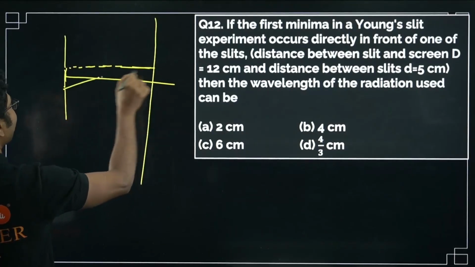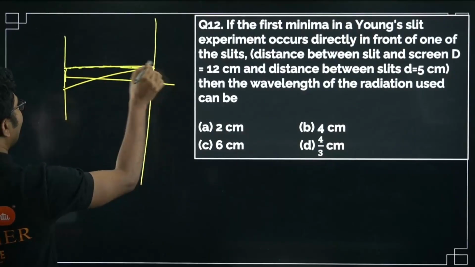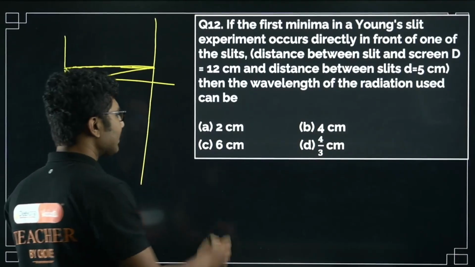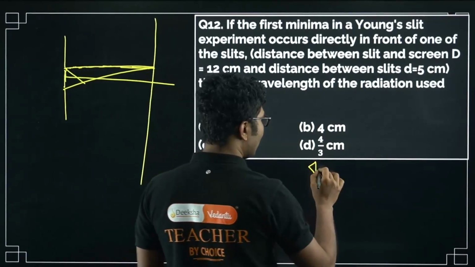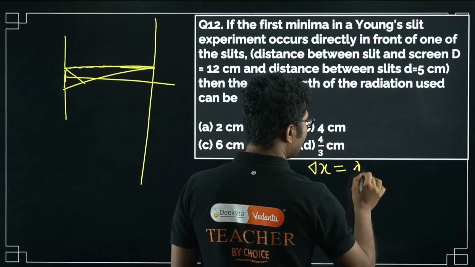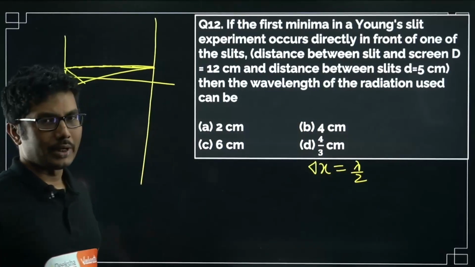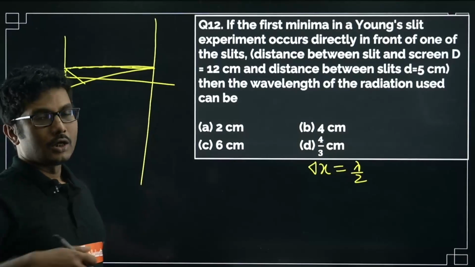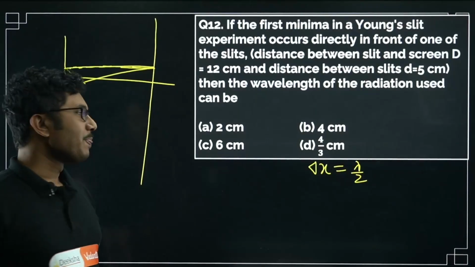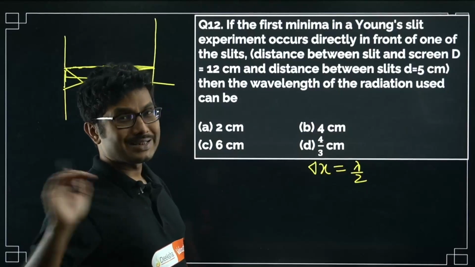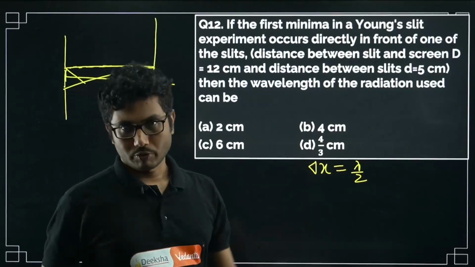So first of all, what is the path difference? That is the most important part. Path difference is equal to lambda by 2. If the path difference is (2n plus 1) lambda by 2, for the first one it will be lambda by 2, n equals 0.